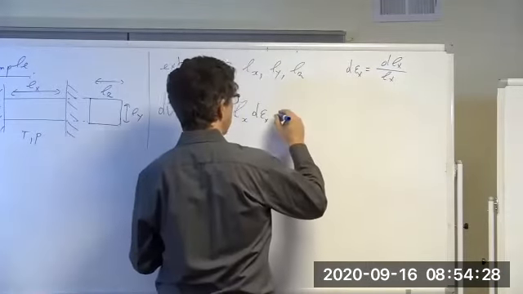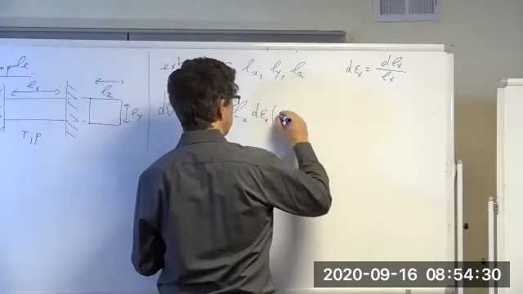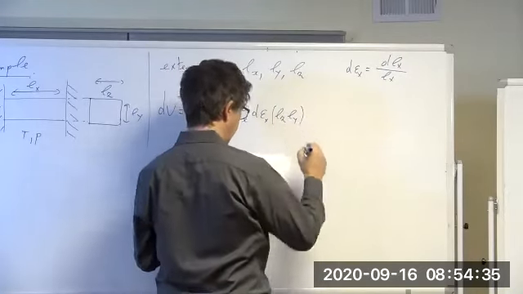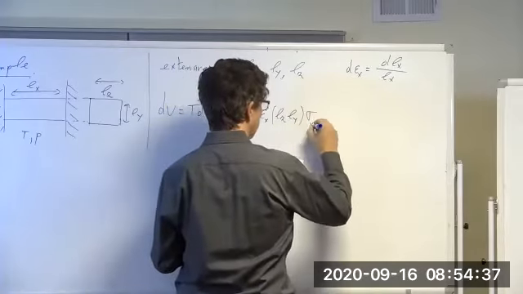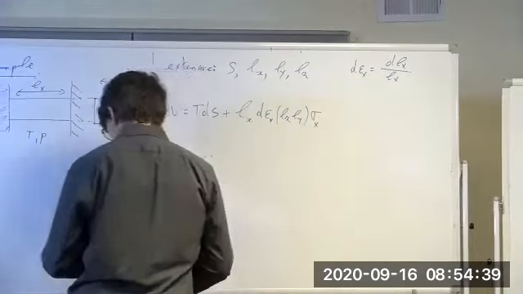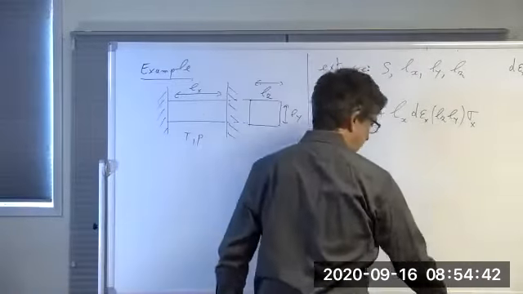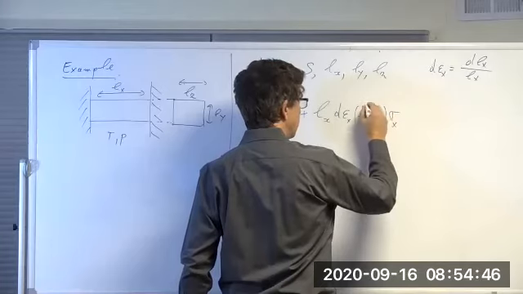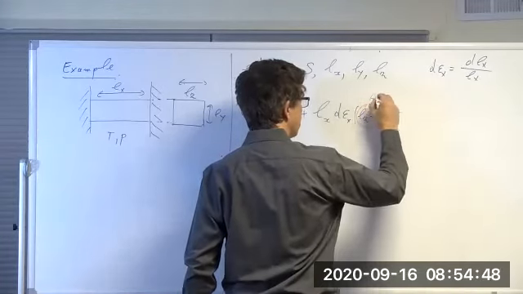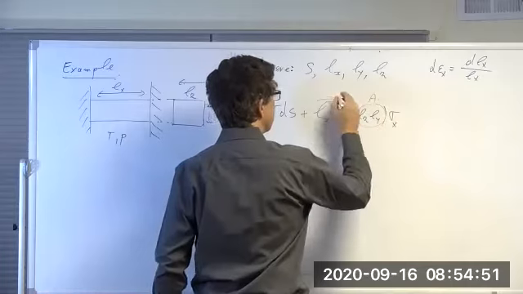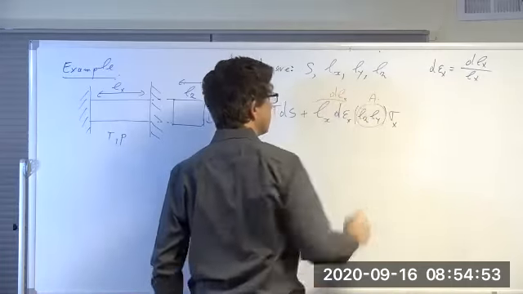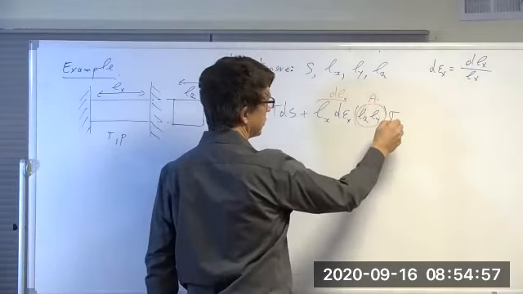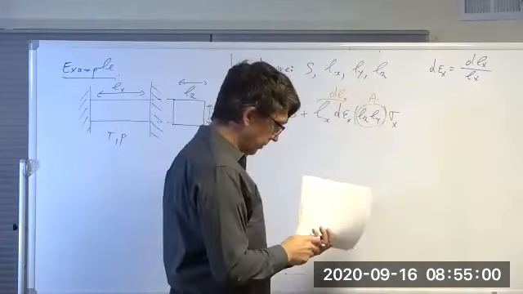Times the force, and the force is the area, which is Lz times Ly, times the stress sigma in the x direction. So this here is area, and this here is dL. I get force because I multiply the area by stress, times the change in length.